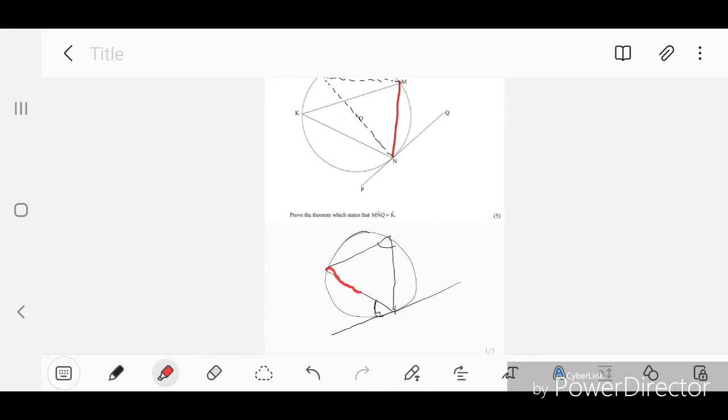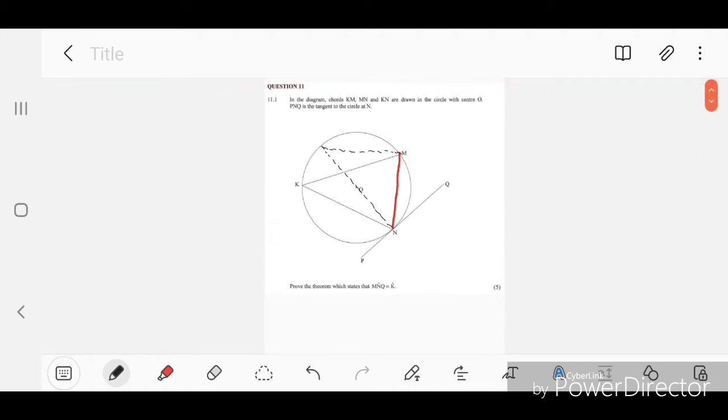This is the chord in equation, and this is the center. So you're going to make sure that you draw a butterfly such that this angle is also subtended by the same chord that you're trying to prove. Right, that is trick number one that you need to make sure you master.